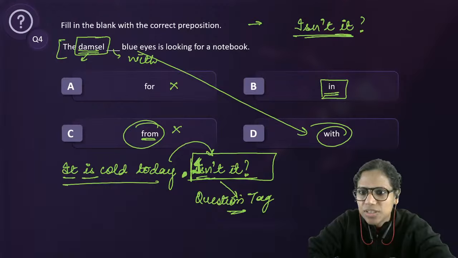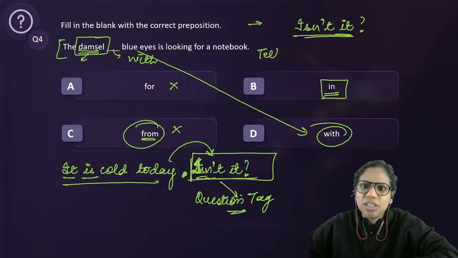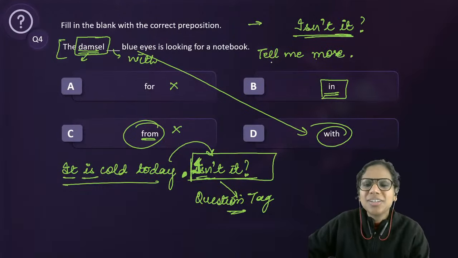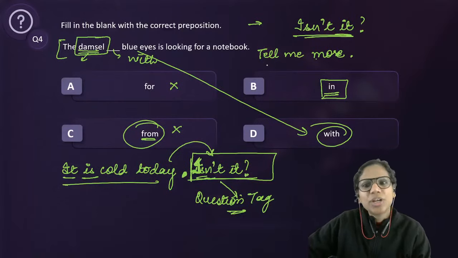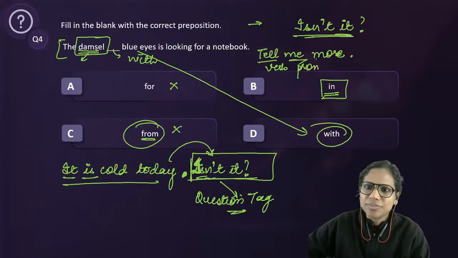I have a doubt in the sentence. Tell me more. Is the word more a pronoun or an adverb? Okay, tell me more. Let's look at the various parts of speech here. Tell is the verb, me is the pronoun.